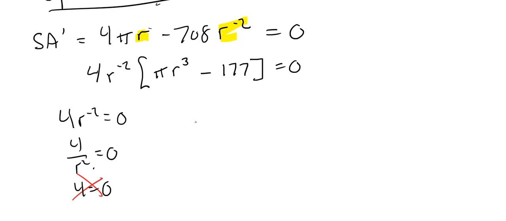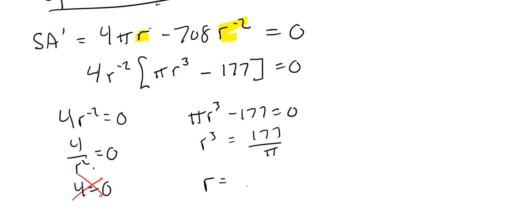So we have pi r cubed minus 177 equals 0, or r cubed equals 177 divided by pi, or r is equal to the cubed root of 177 over pi, which is approximately 3.83. And that would be our r value, rounded to 2 decimal places.